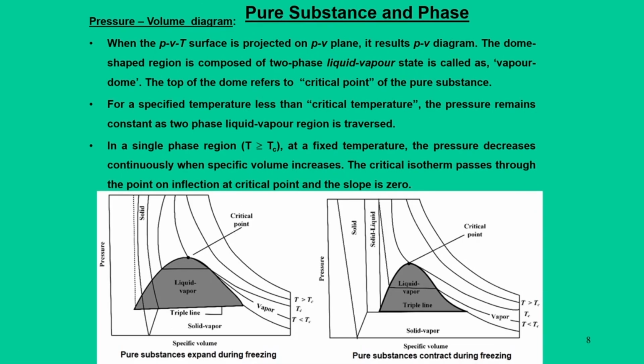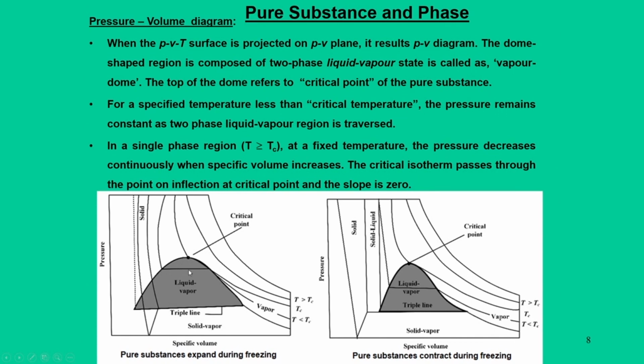Then move on to the pressure volume diagram. We all know the pressure volume diagram. We have a pressure volume diagram for substances that expand during freezing and that contract during freezing. The pressure volume diagram is important because it distinguishes the liquid vapor states, and normally it is recognized through a dome.